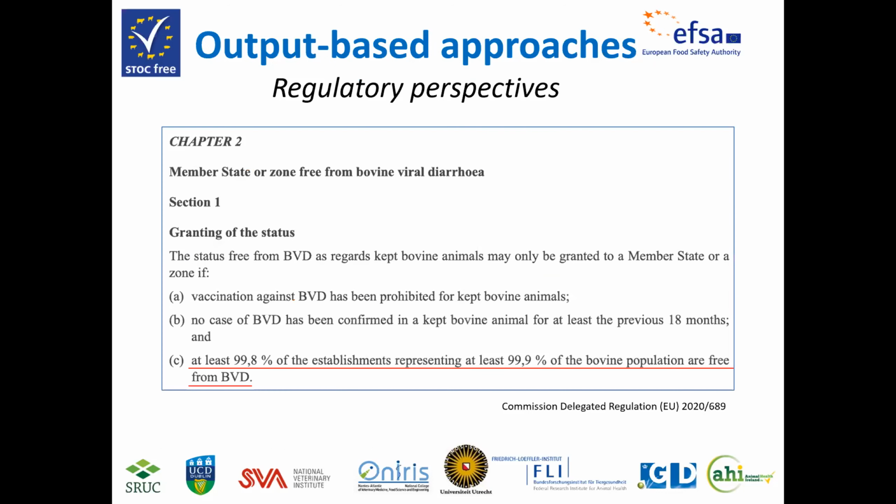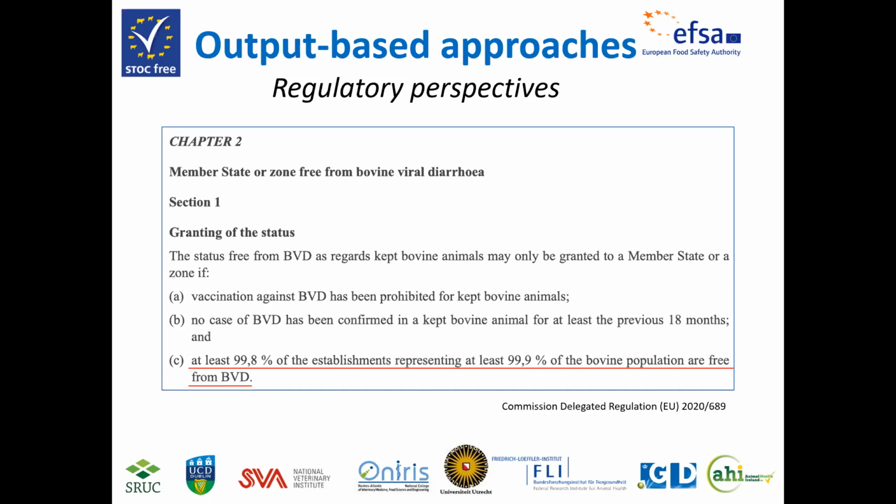Next slide, please. In my final two slides, I wish to very briefly summarize progress towards output-based approaches in animal disease control programs. So firstly, from a regulatory perspective, there has been a dramatic shift from earlier input-based to current output-based approaches. In the EU, the new EU animal health law, in force since April this year, output-based approaches are being used very extensively.